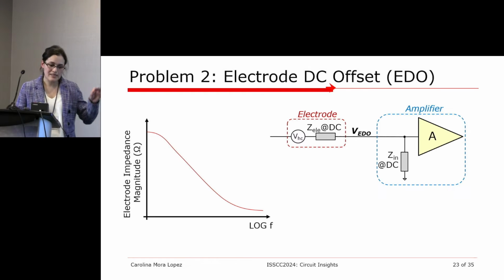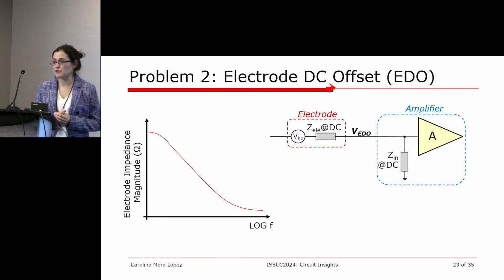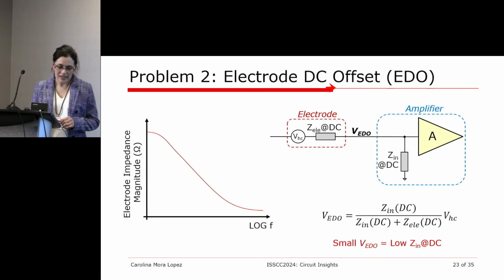This electrode DC potential is a big deal for biomedical applications because it will complicate a lot how you design your amplifier, and I will be talking about that later. What is important is that this electrode DC offset is the result of this voltage divider of your half cell potential and how high your input impedance is at DC in your amplifier.